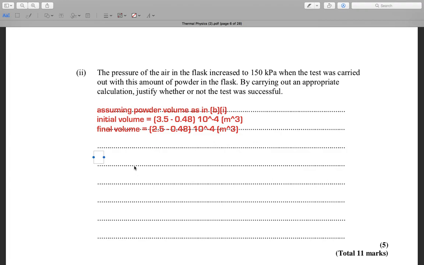The final pressure is the same as 100 kilopascal times 3, and divided by the final volume, we have 150 kilopascal.